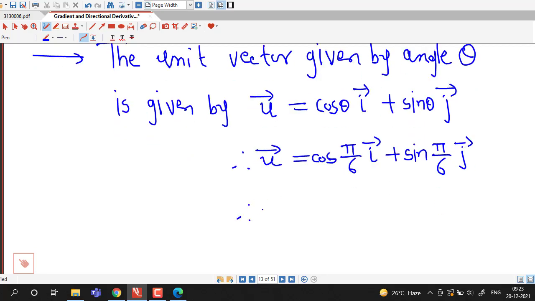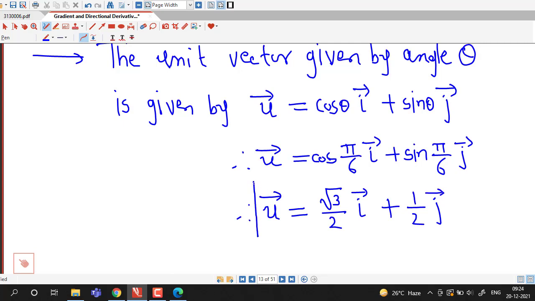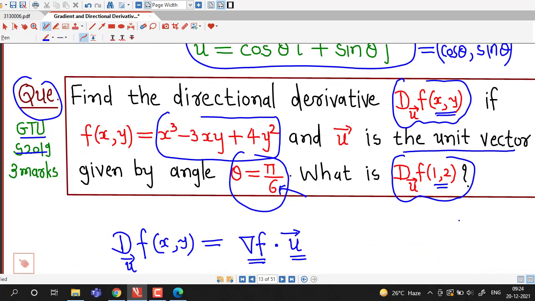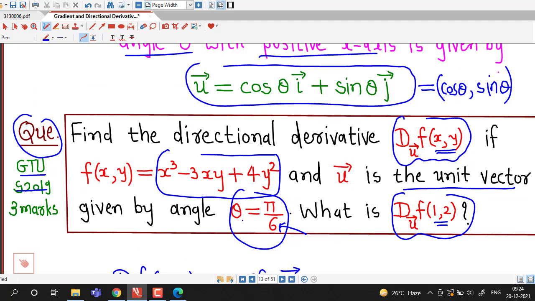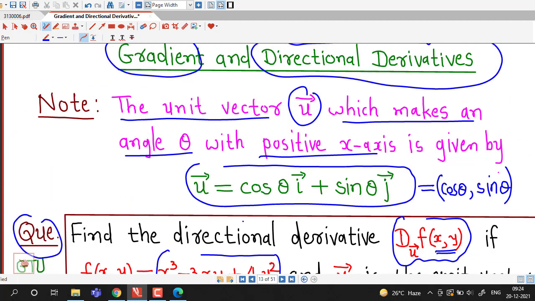We are familiar with these standard angle values of cos and sine. Cos pi by 6 is square root of 3 divided by 2 and sine pi by 6 is 1/2. So this is the unit vector and we have to compute the directional derivative in the direction of this unit vector. Here the unit vector is not given directly, but it is written that the unit vector is given by angle theta equal to pi by 6.